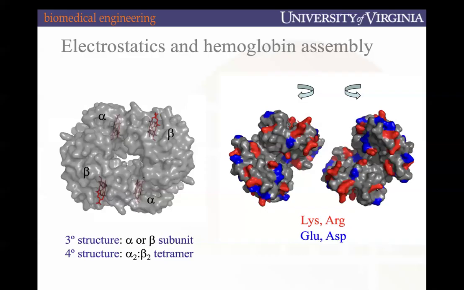Those are building blocks that make up the hemoglobin within our red blood cells. Hemoglobin is a multimeric protein structure, made up of 2 alpha chains and 2 beta chains. So there are 4 subunits together that make up the hemoglobin multimeric structure.